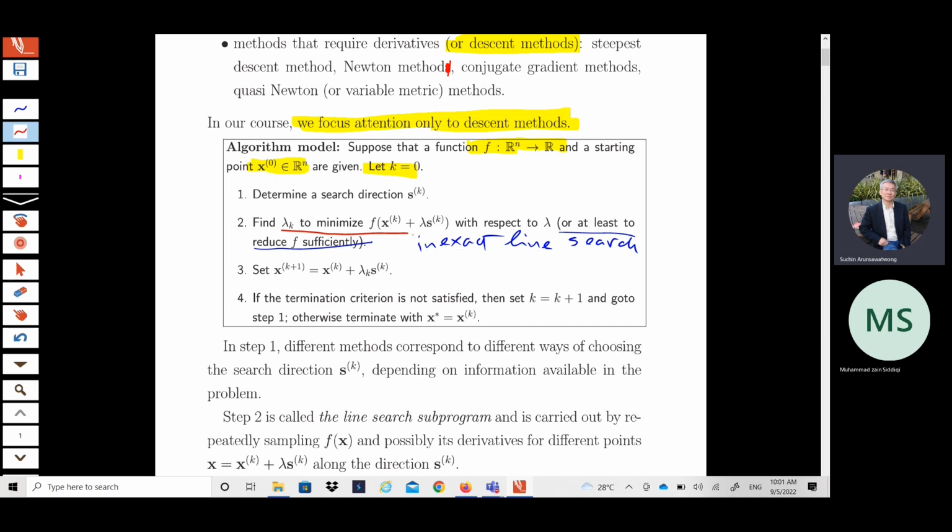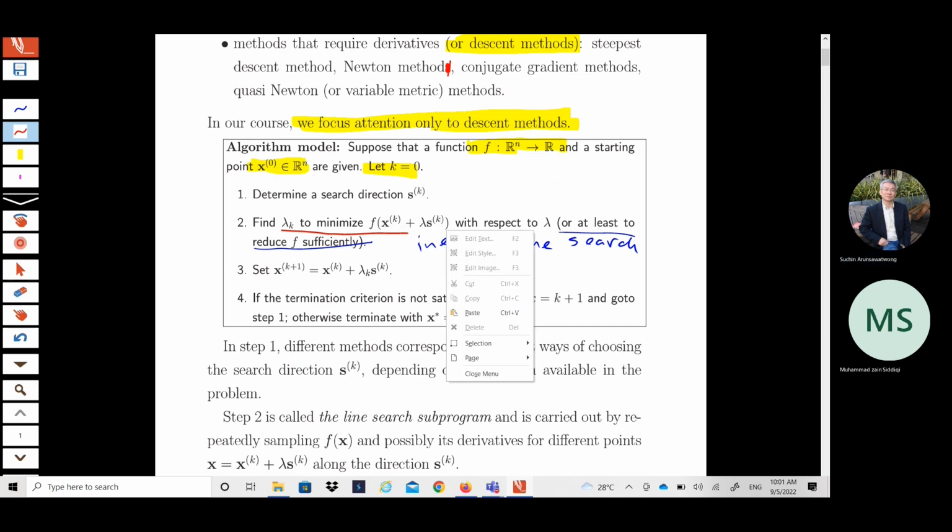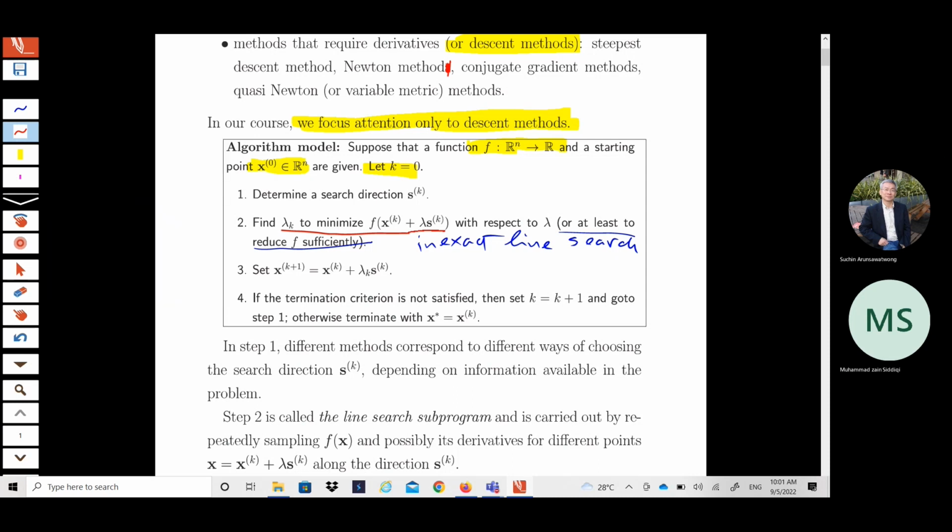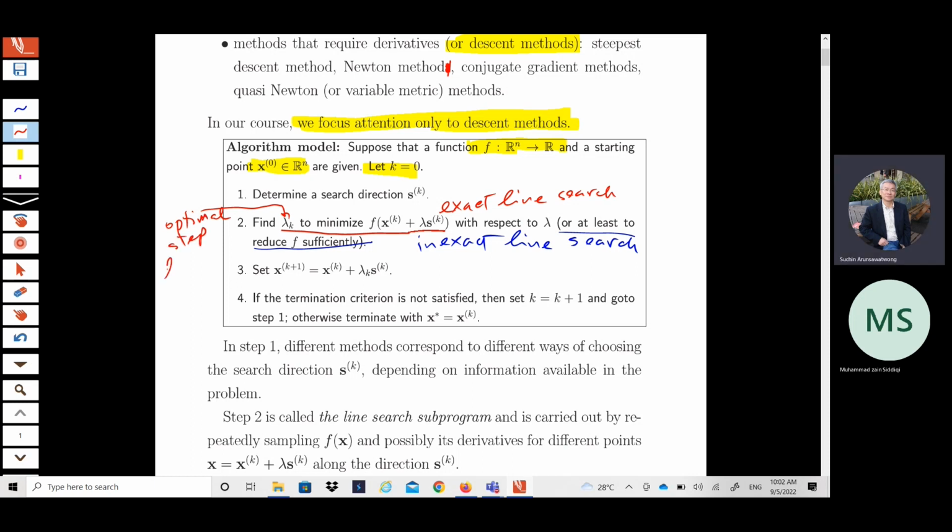This is what we call this process. The lambda that minimizes the function f of xk plus lambda sk is called the optimum step size, or optimum step length.